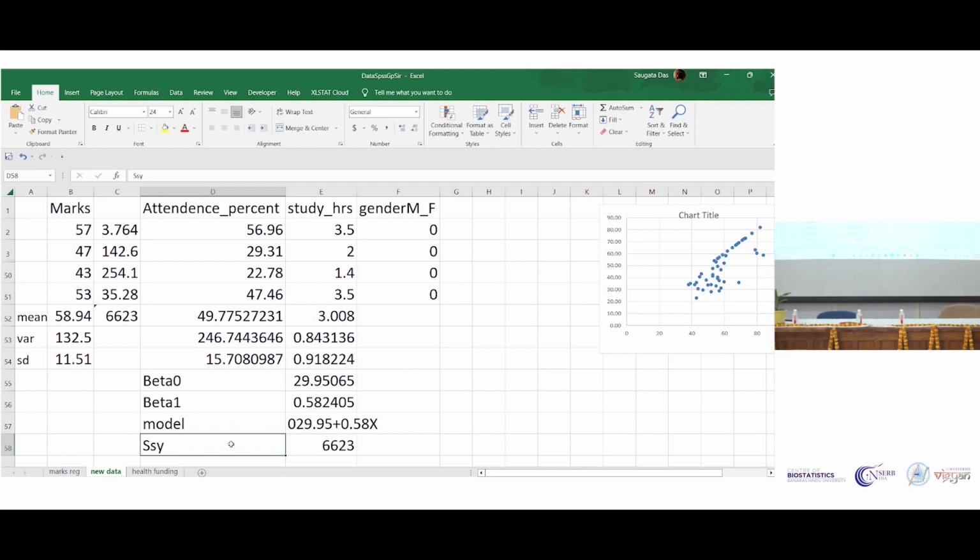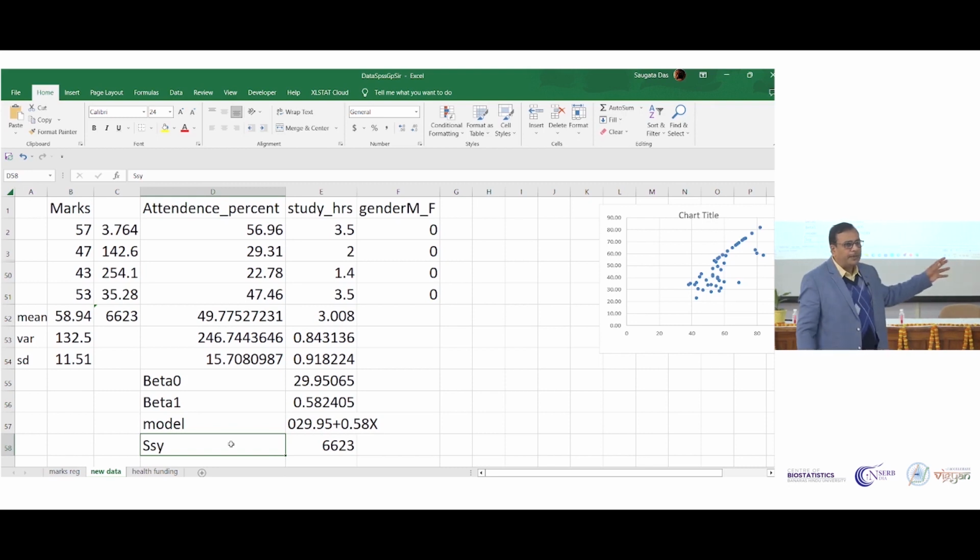First question क्या था भाई? What was the first question? So अभी तक हमने क्या निकाला? Total variation.